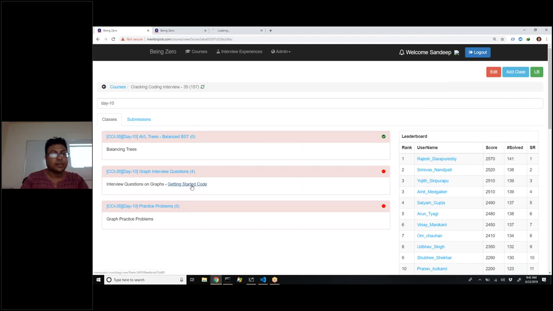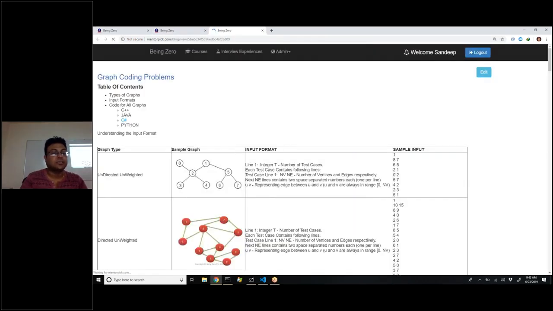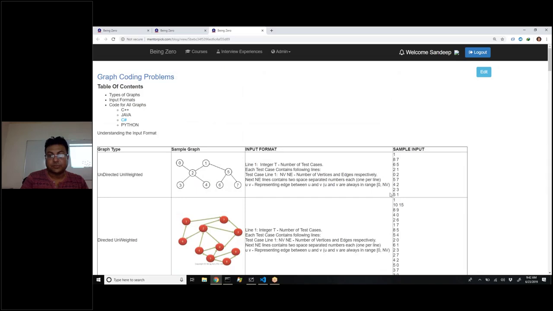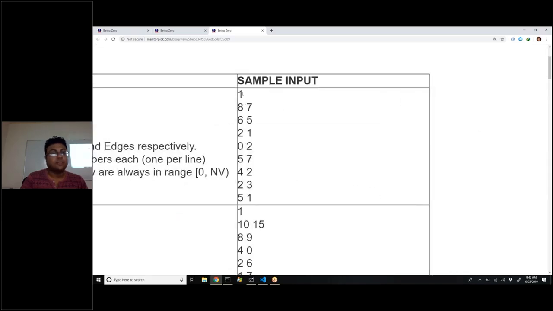There is one getting started code that we have shared, because graph can have various representations. So this code is taking some sort of input. You see, this first line of input is giving number of test cases. Then we are talking about number of vertices and number of edges.